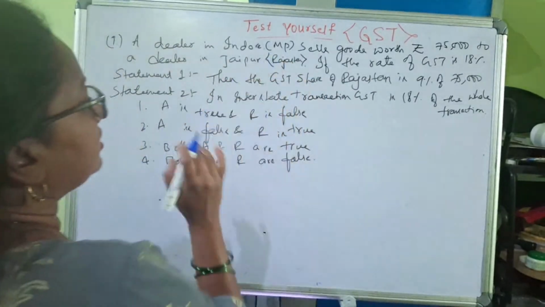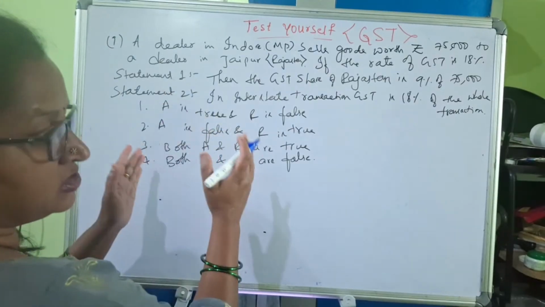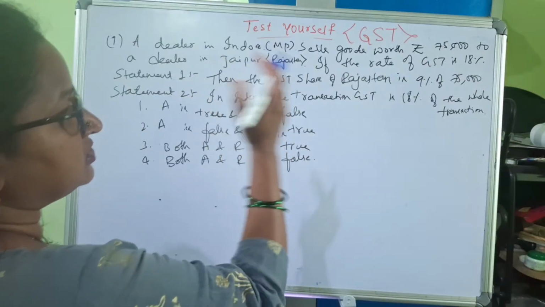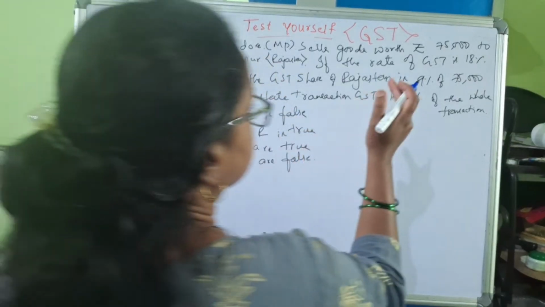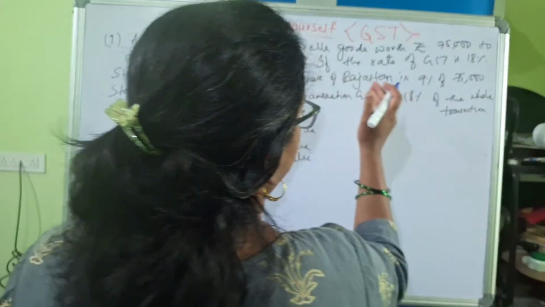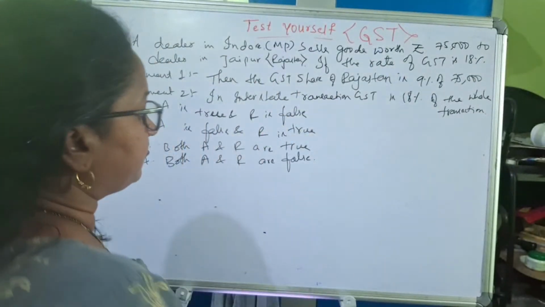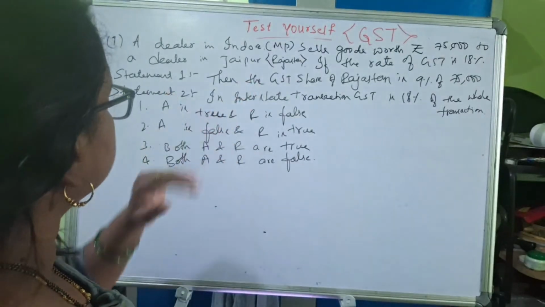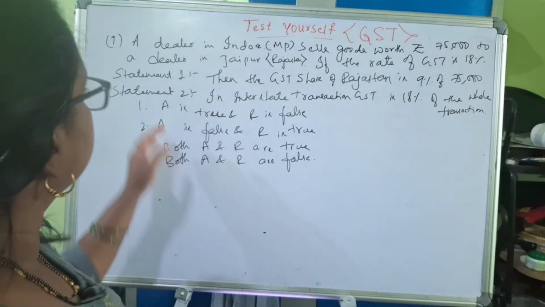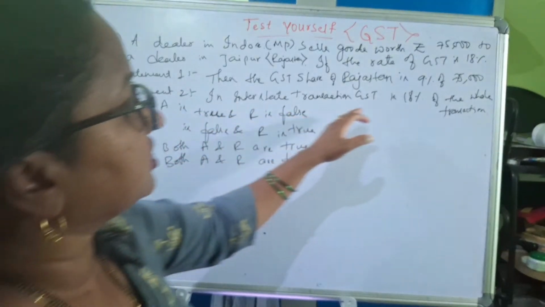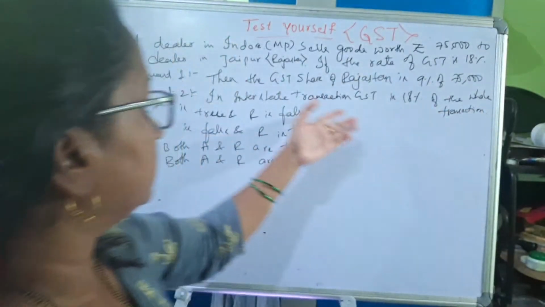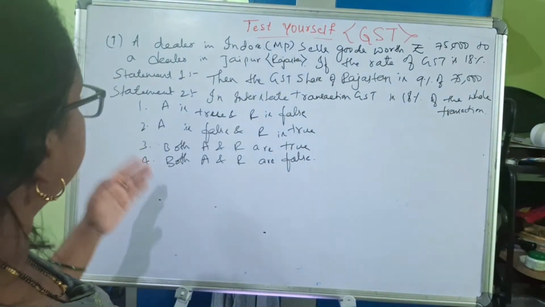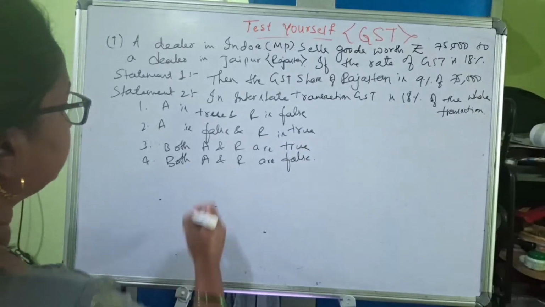Since it is an interstate transaction, the GST applicable is only 18%. So the first statement is false. In the interstate transaction, GST 18% is on the whole transaction. So the second option is correct.